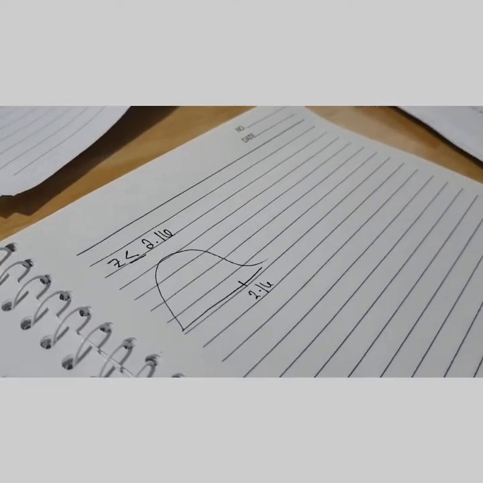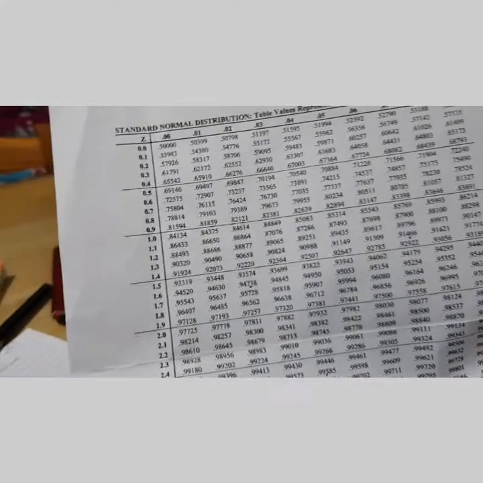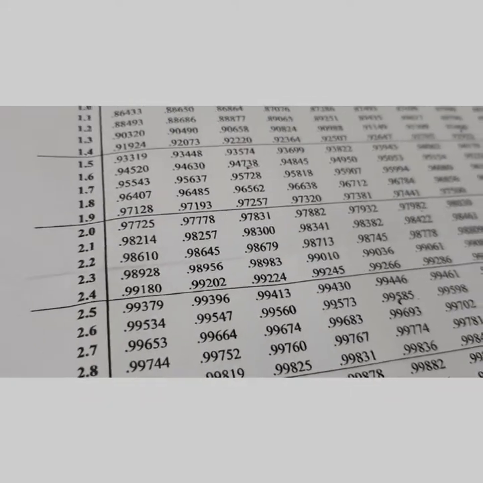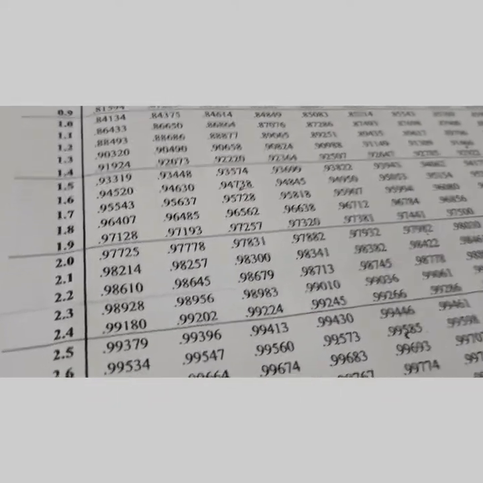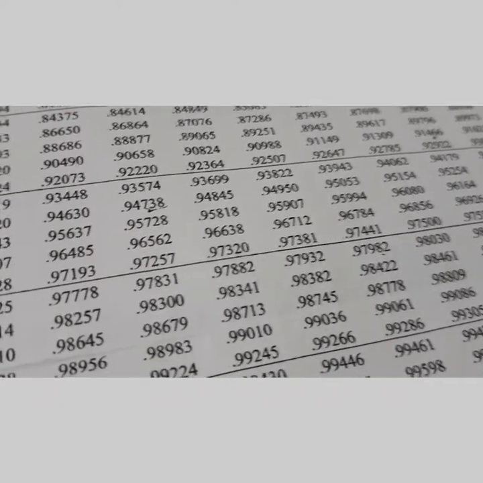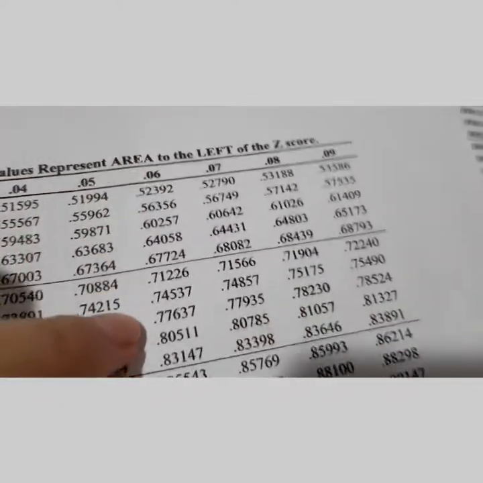So, hahanapin natin siya sa Z table, which is my positive and my negative. Gamit ng Z table, kailangan po natin hanapin ng 2.1. Ito po. And the next number niya is 16. 2.16. So, ang number 6 ay ito.